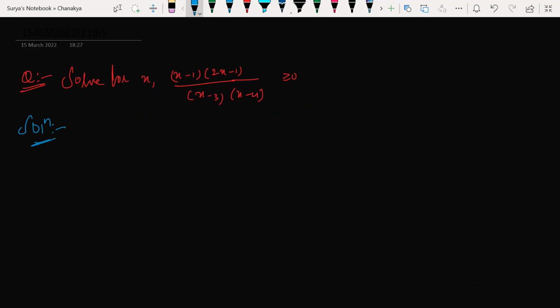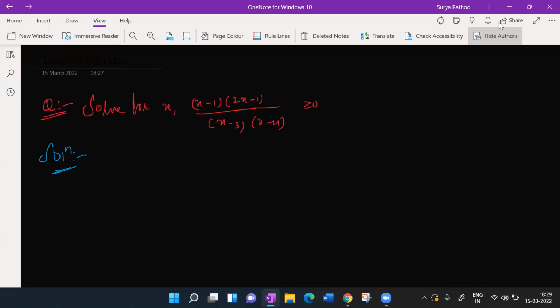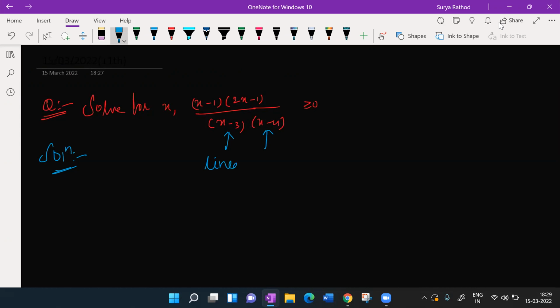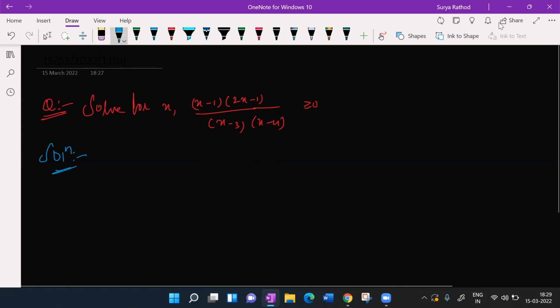So look at this here. What is the denominator part given? I told you whenever you have linear terms in the denominator, these are linear terms. A linear term is nothing but a term of degree 1.